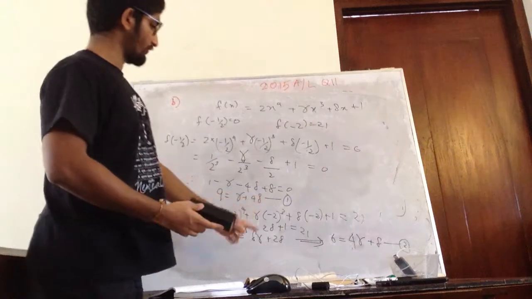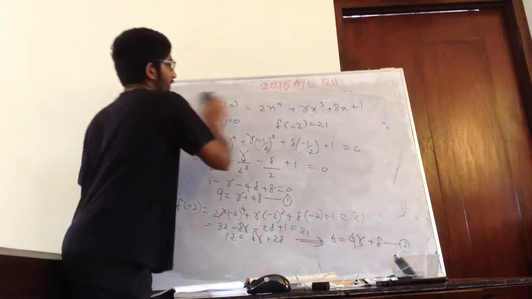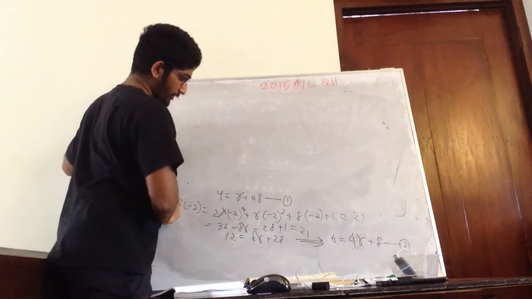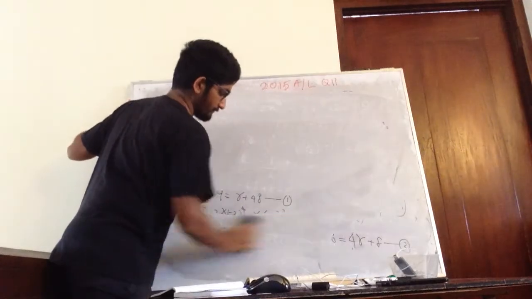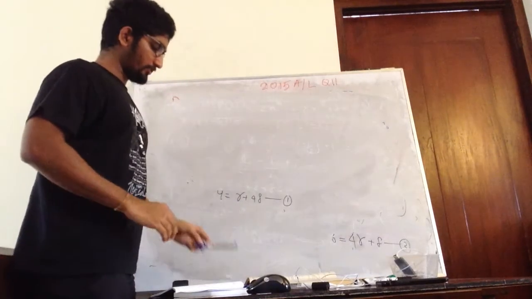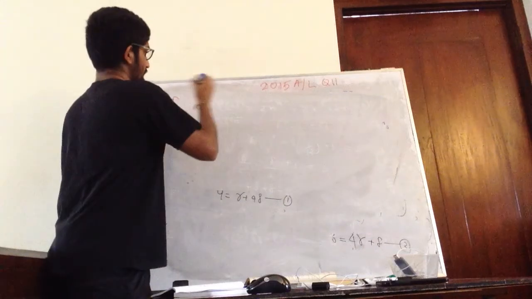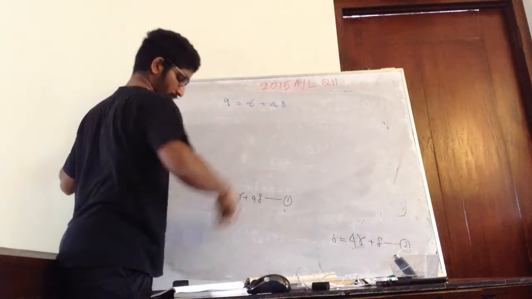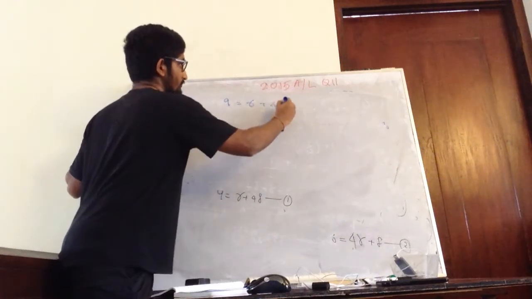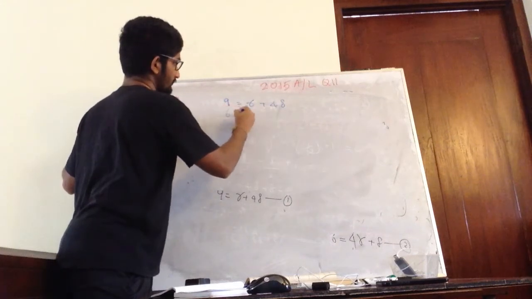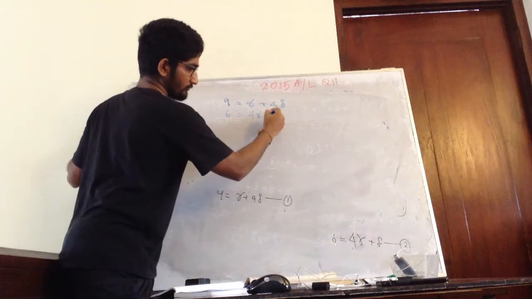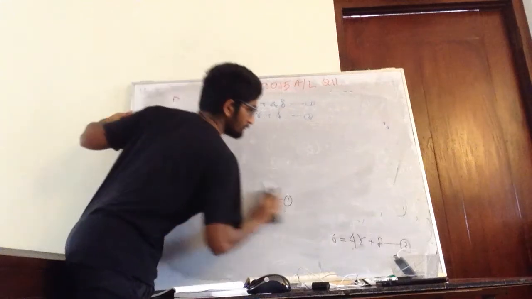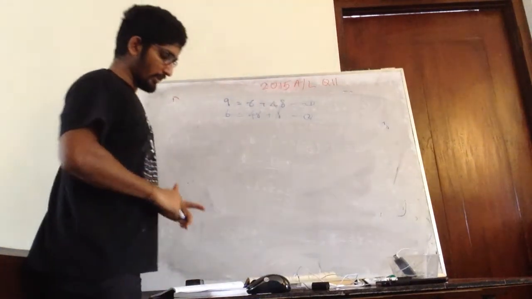So we have two unknowns and two equations, so we can find δ and λ. We have these two.